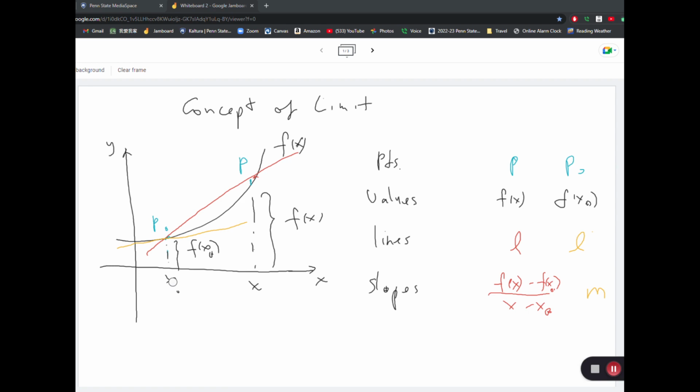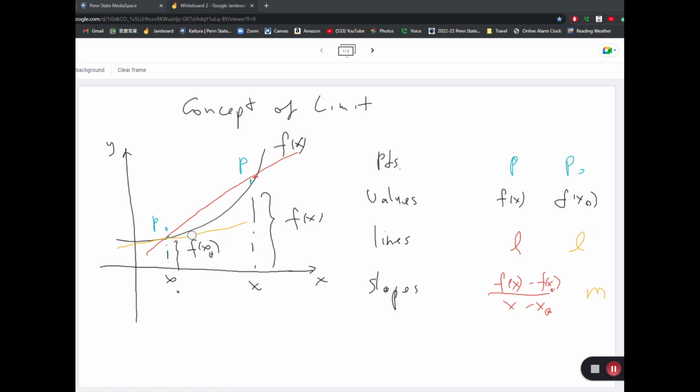At a location x0, the height of p0 is the function value, f of x0. So I already listed them: points p and p0. Accordingly, the height of each point is f of x and f of x0 respectively. There are also function values at respective locations.